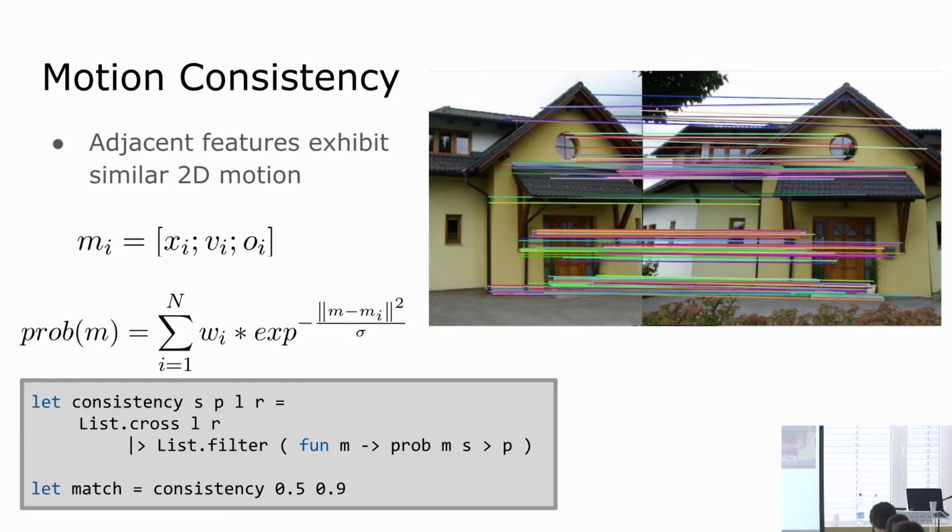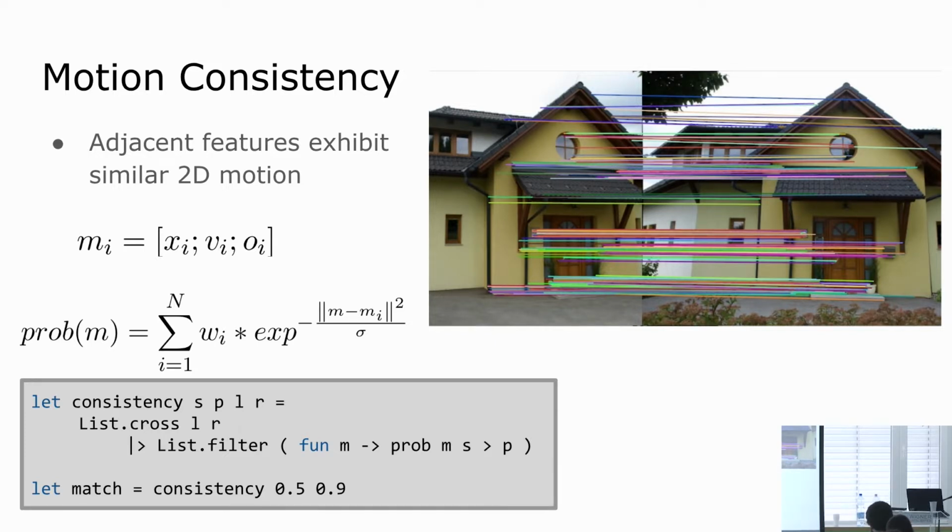Then we transpose the problem and make a least squares solution for all the input matches we have. And then we get a neat little prediction function which tells us, okay, these features move as a group or these features move completely wildly. It works really well.